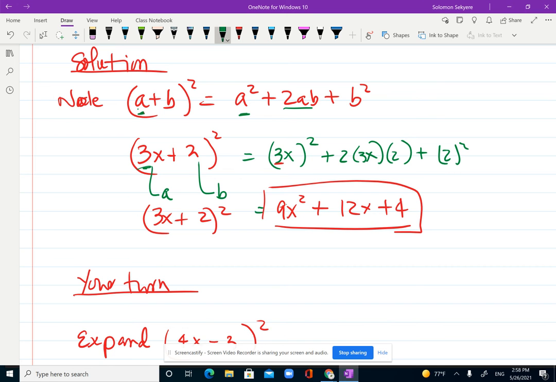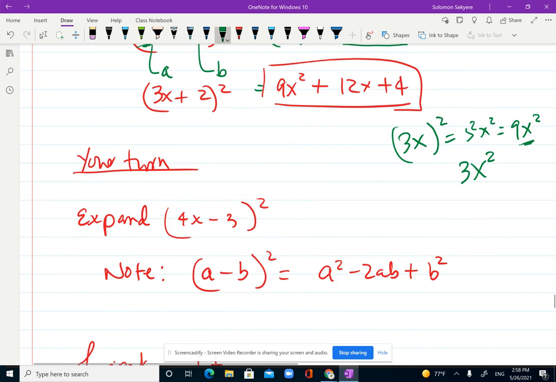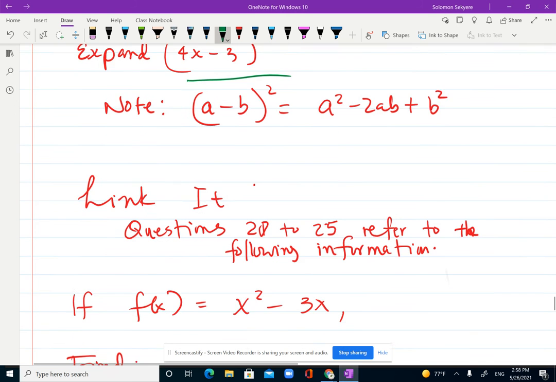We square both of them: 3x all squared, plus 2 times 3x times 2, plus 2 squared. Okay, and remember, 3x all squared is 3 squared times x squared, which is 9x squared. Don't make a mistake and say this is equal to 3 squared, 3x squared. Okay, so try this, get your answer.